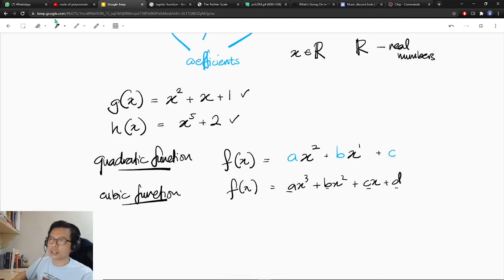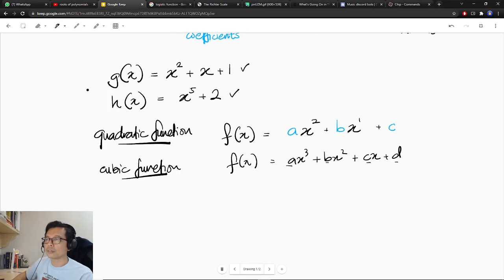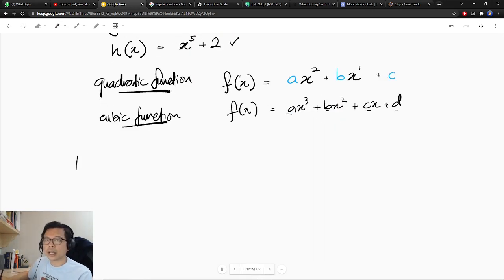Usually, what you've learned before, I'm sure, is how to find roots of polynomial functions.